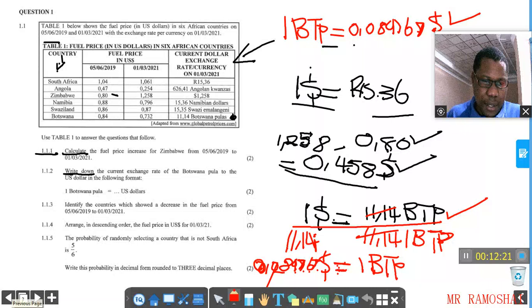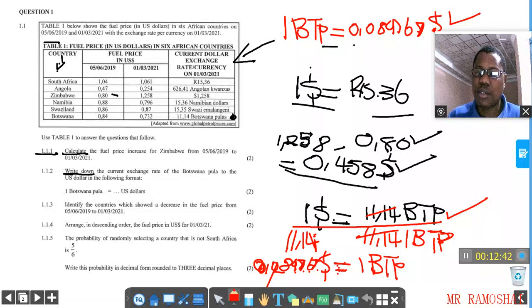Let's go to the next one. Now the next one, they say identify the countries. They don't just need one country, they need countries which showed a decrease in the fuel price from 5th of June 2019 to the 1st of March 2021.